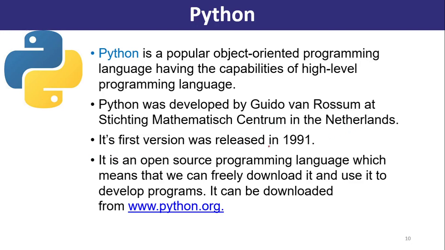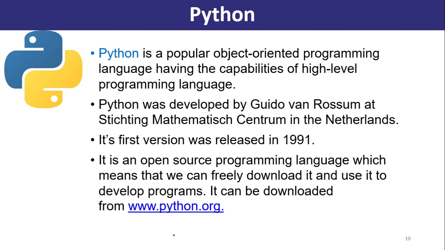Its first version was released in 1991, and it is an open source programming language, which means that we can freely download it and use it to develop programs. So Python can be downloaded from its official website, www.python.org, and I would recommend you to install Python if you do not have it installed in your system.